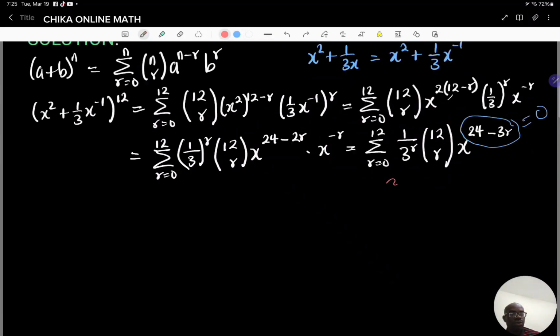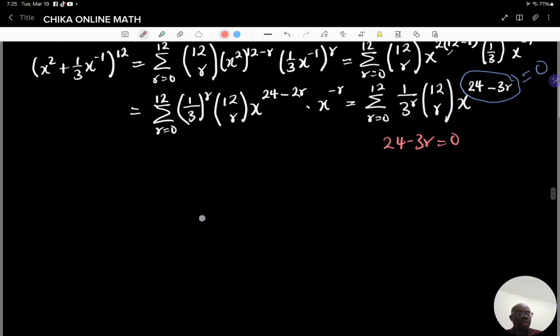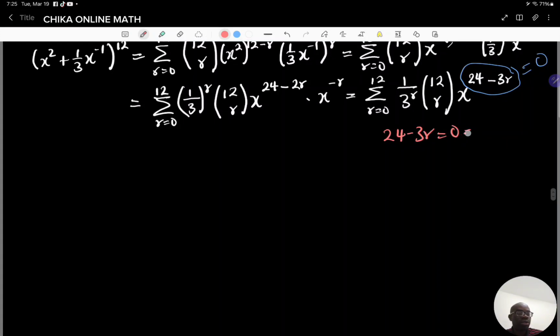So if 24 minus 3r equal to 0, then what does it tell us about r? This means that 24 equal to 3r, okay. If you make r the subject, r is 24 over 3, which is 8.